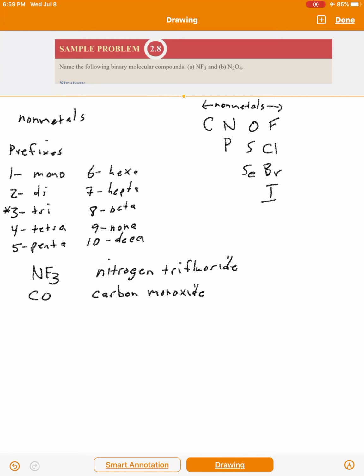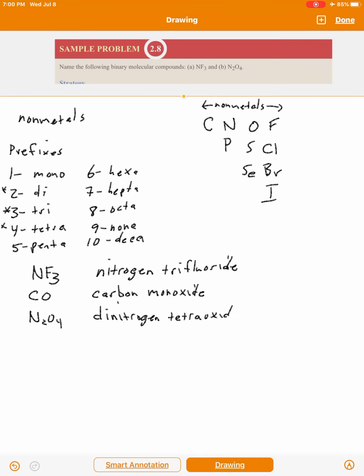Okay, let's try N2O4. No mono here, so that's not an issue. There's 2 nitrogens, so 2 is di. So dinitrogen. And then there's 4 oxygens, tetraoxide.